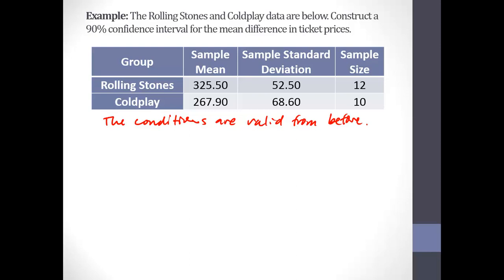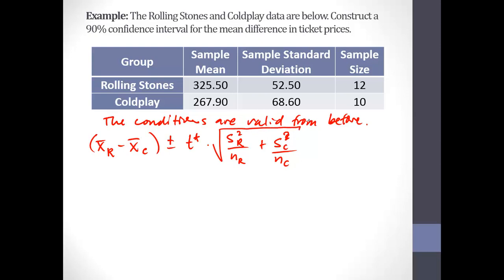Our confidence interval is x bar, and I'll put an R there to remind you what we're talking about, minus the average of the Coldplay tickets, plus or minus a t star times this big mess: the standard deviation of the Rolling Stones tickets squared divided by the number of Rolling Stones tickets, plus the Coldplay group's standard deviation squared over the number of Coldplay tickets.